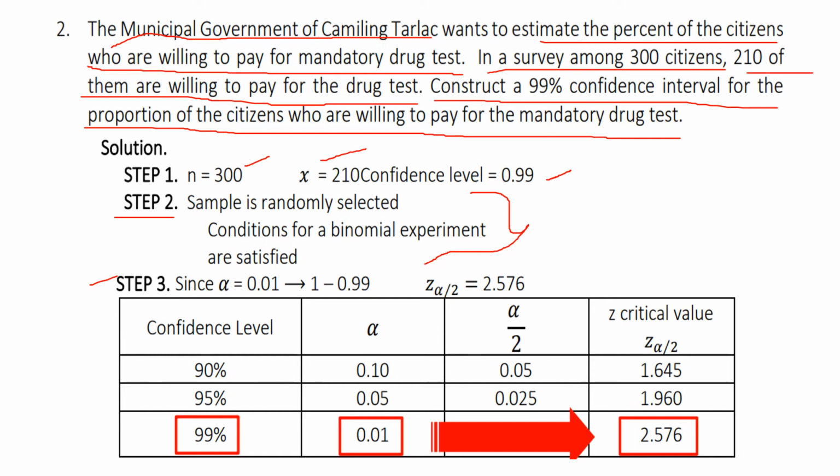That will be from 1 minus 0.99. Now 0.01, that will be your alpha. So from this table, our critical value is 2.576. So this will be the critical value that we're going to use for our lower and upper limit.